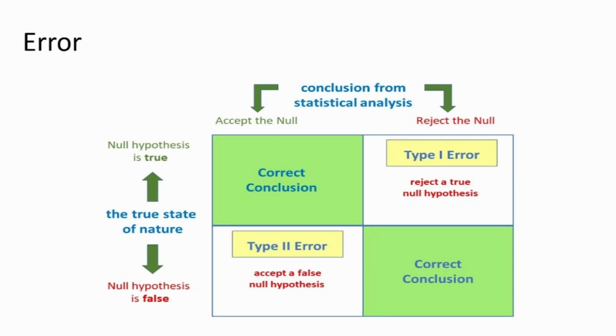On the other hand, I gave a medicine 100 times and I find 90 people getting recovered. On the other hand, I give medicine to 100 people, I find 95 people getting cured.